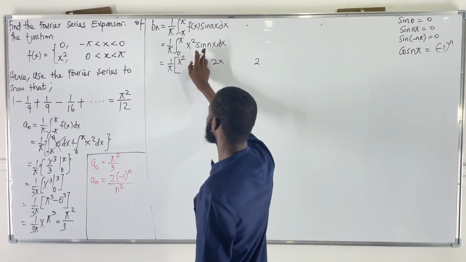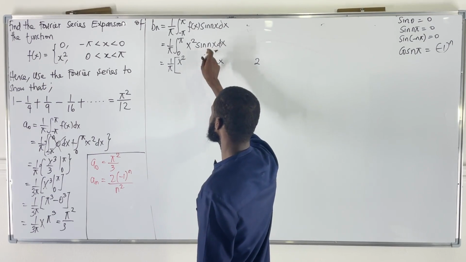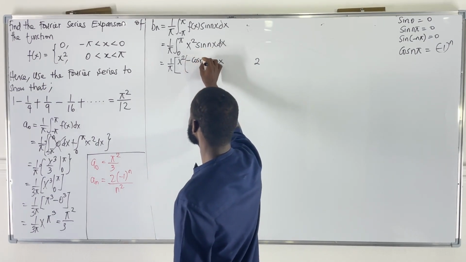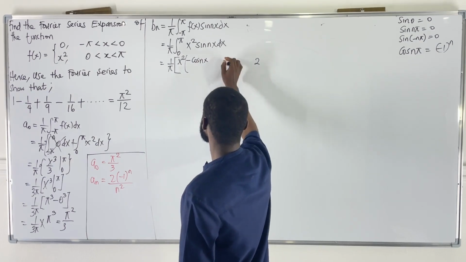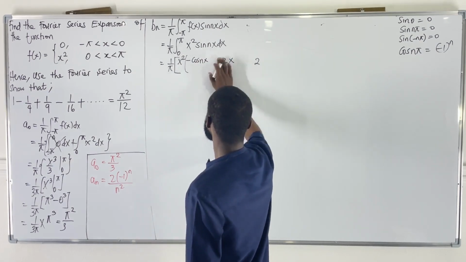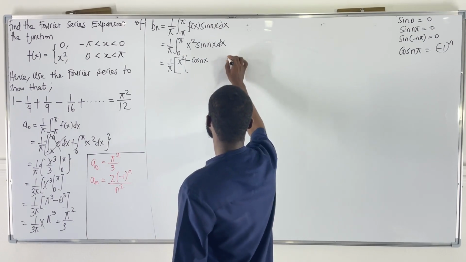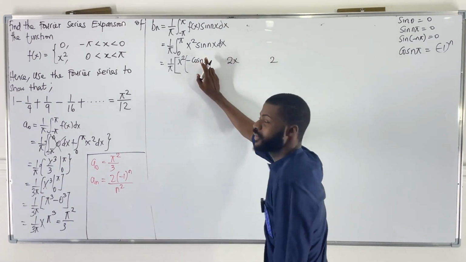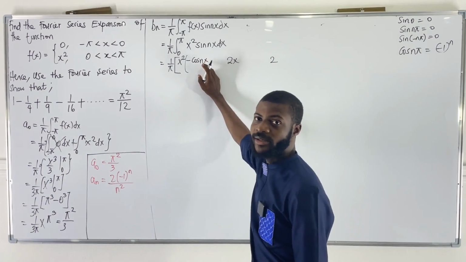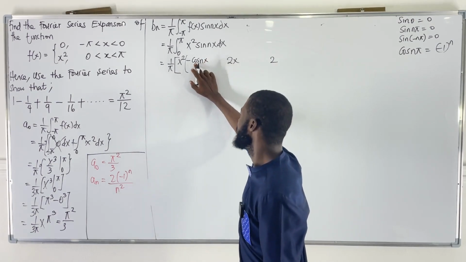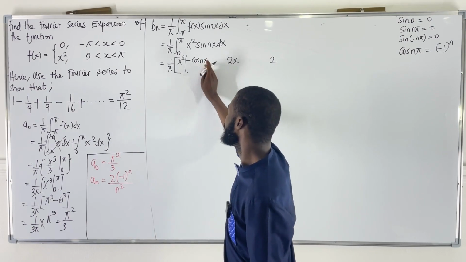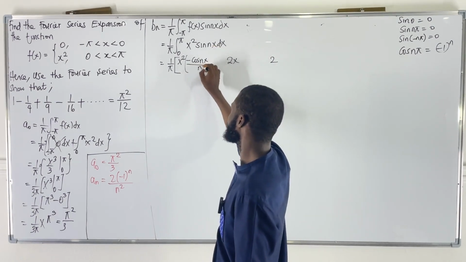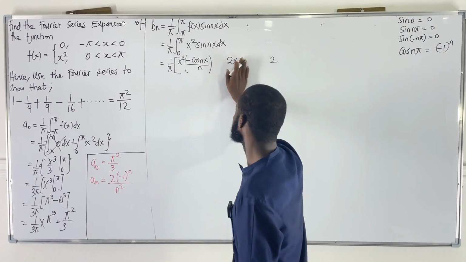Now, sine nx, you need to integrate this. Integrate sine, you get minus cos nx. Now, you must divide by the derivative of nx. Differentiate nx, you're going to have n. That's for that first part.